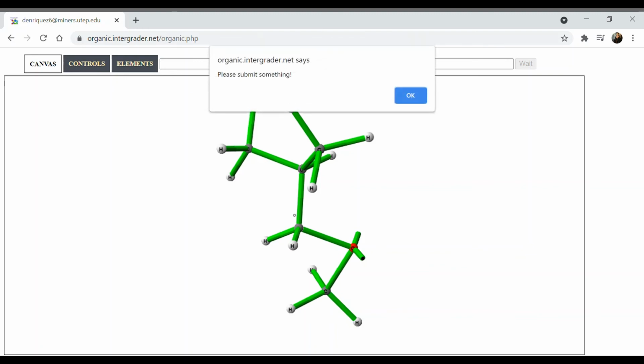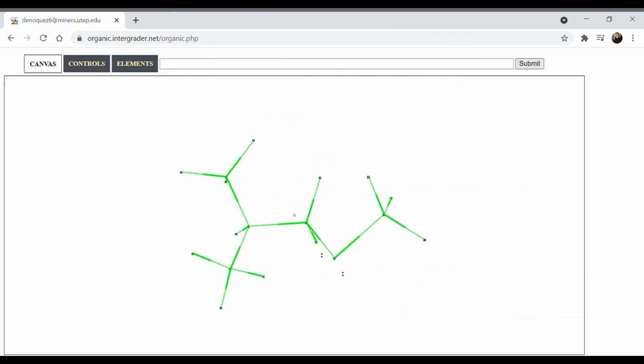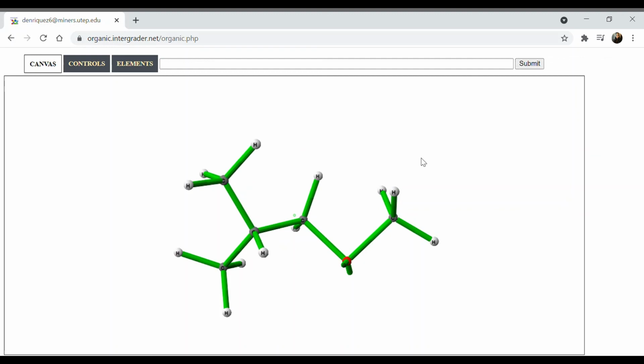Oops, I pressed submit. Okay, so I'm going to take it 1 step at a time. 1, 2, 3. My longest carbon chain is a propane. I'm going to look for my methyls. I see 1 at the 2 position, so I'll put 2-methylpropane.